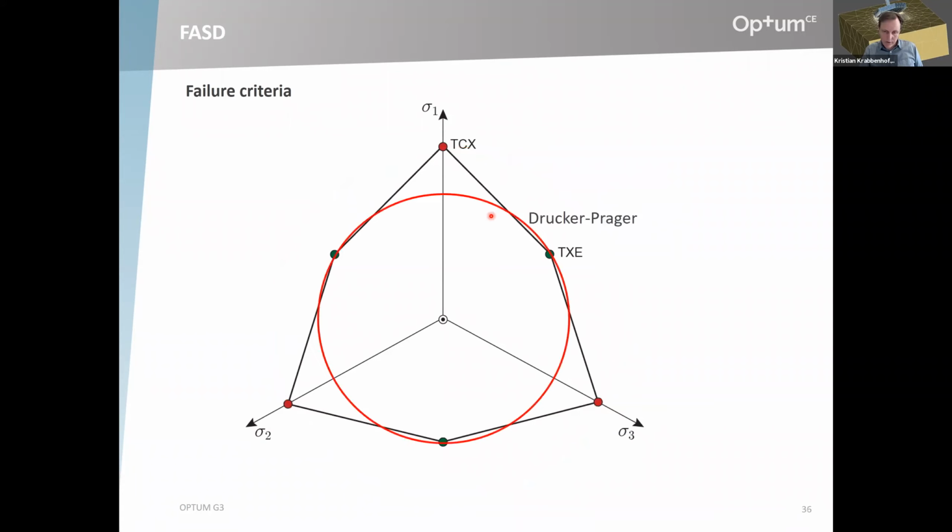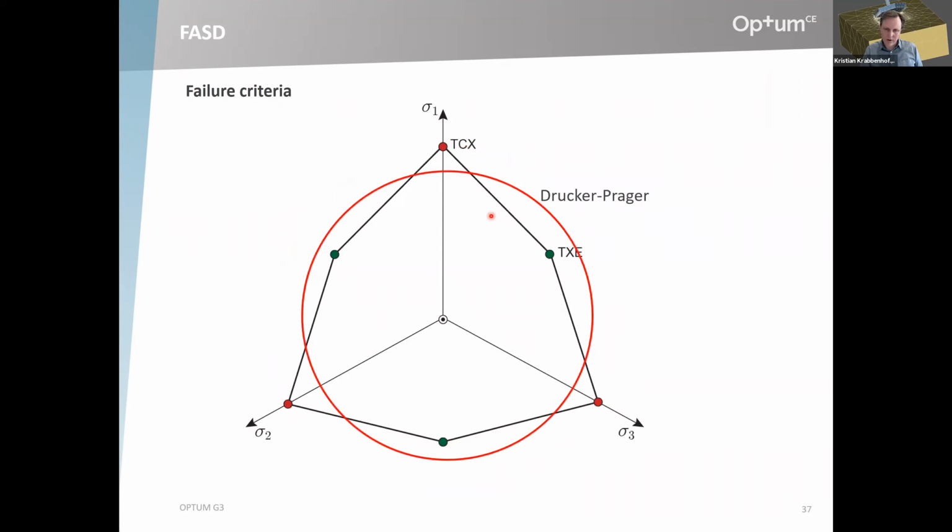It underestimates the strength equally significantly if you do the match in extension, and then you could possibly come up with something in between. I'm not sure that's such a fantastic idea, but the Drucker-Prager criterion is simple, and it is convenient from a computational point of view.